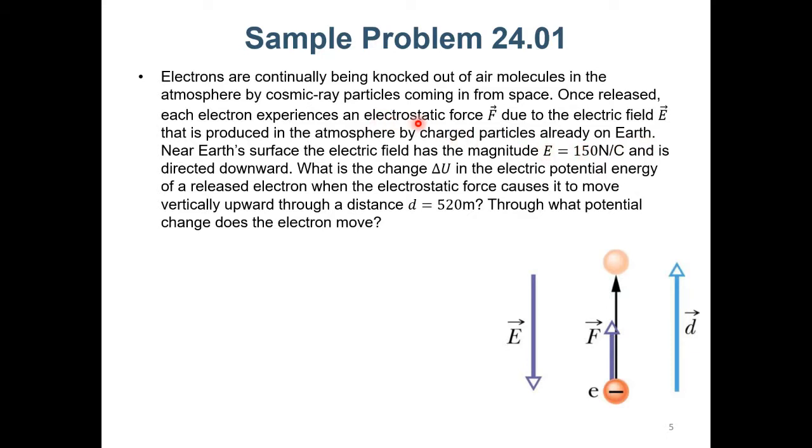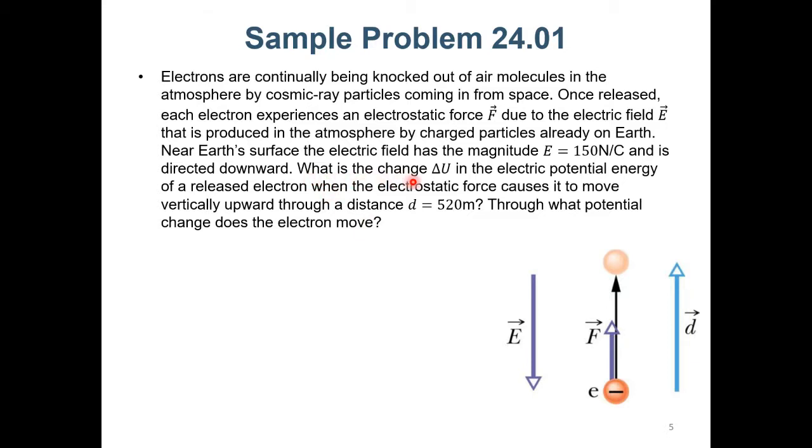Near Earth's surface, the electric field has a magnitude E equals 150 newton per coulomb and is directly downward. Assume the electric field is like this.